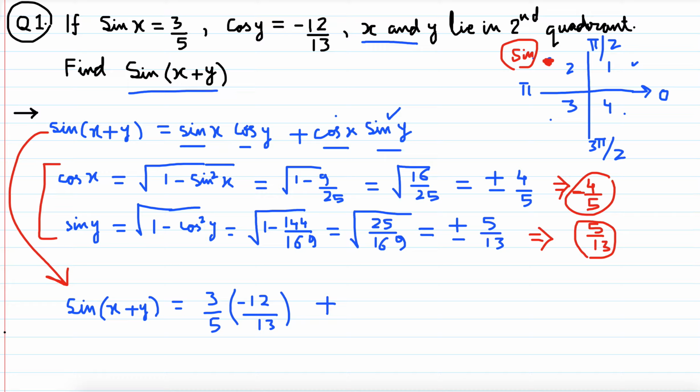So cos x is minus 4 upon 5, and sin y is 5 upon 13.